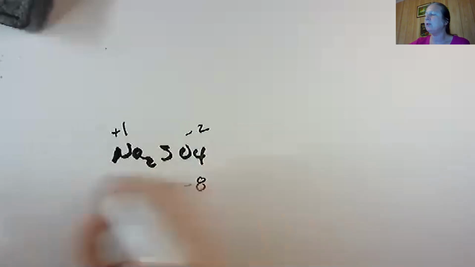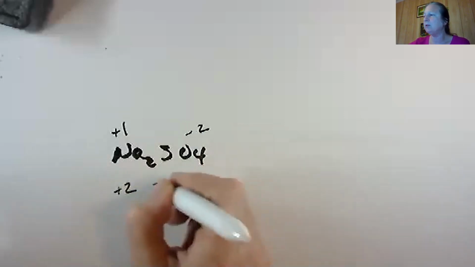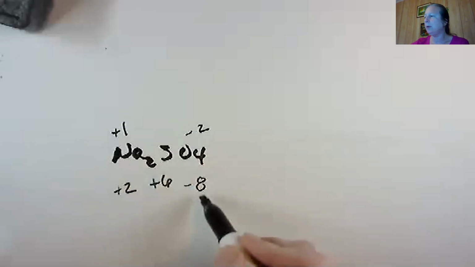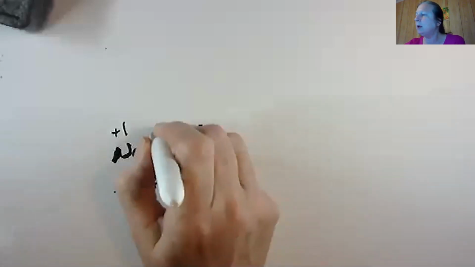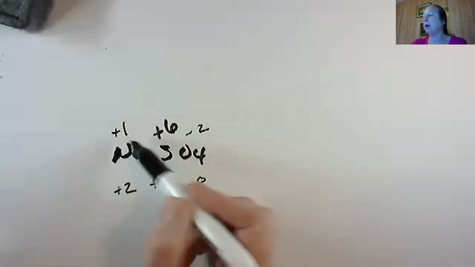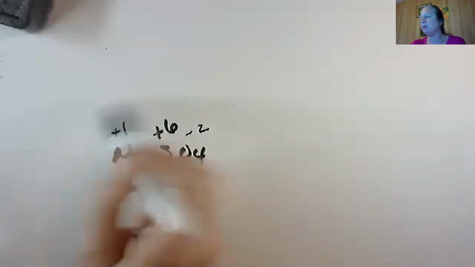So your sulfur has to be such that this equals 0. So -8 and a +2, so that's going to be +6. +6 and +2 is +8. With the -8, that will be 0. So this is going to be +6. So each individual sodium ion is a +1. I have 2 of them. I do my math at the bottom, put your oxidation numbers on the top.